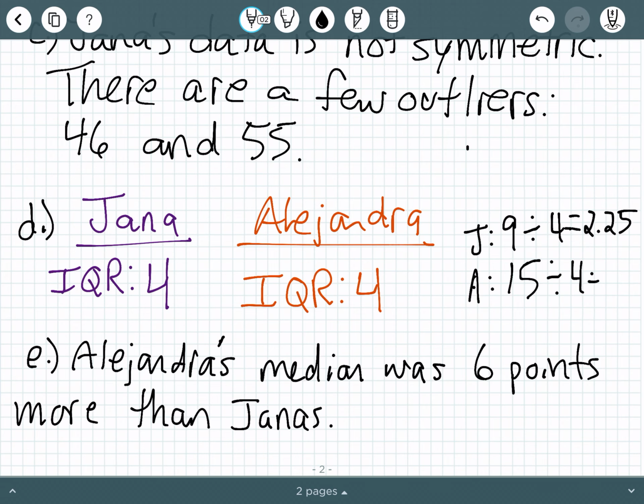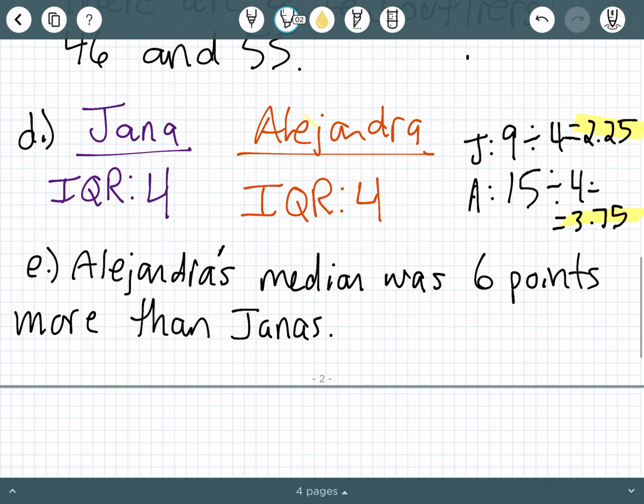And then for Alejandra, 15 divided by 4 gives us 3.75. So Alejandra did better. If we take the difference between these two, Alejandra did better by 1.5 interquartile ranges.